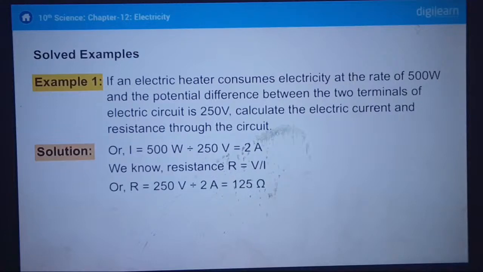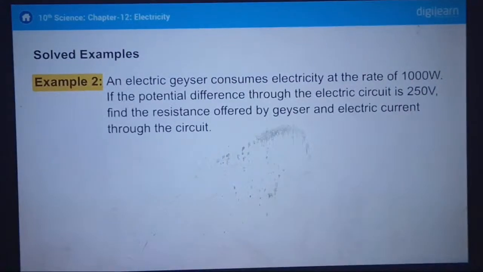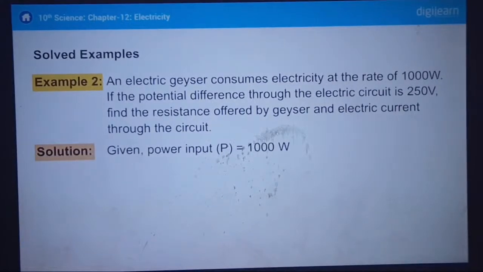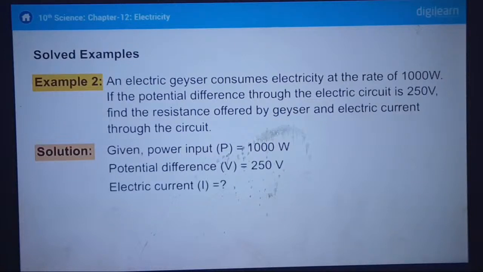Example 2. An electric geyser consumes electricity at the rate of 1000 watts. If the potential difference through the electric circuit is 250 volts, find the resistance offered by the geyser and the electric current through the circuit. Solution. Given power input P equals 1000 watts, potential difference V equals 250 volts, electric current I to be found out, resistance R of the circuit to be found out.